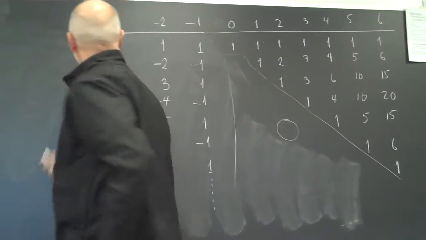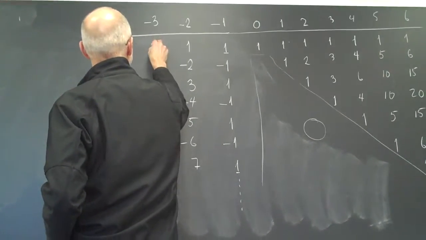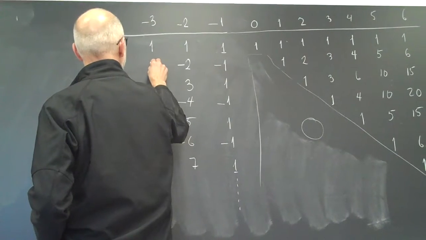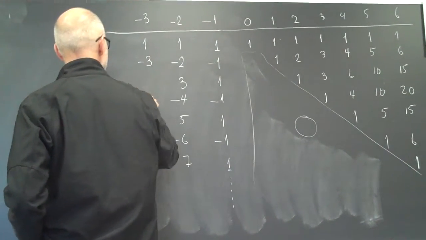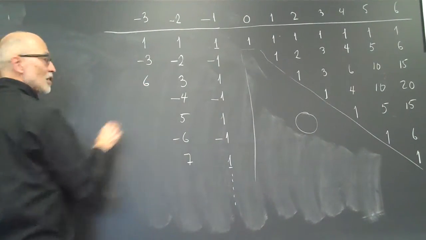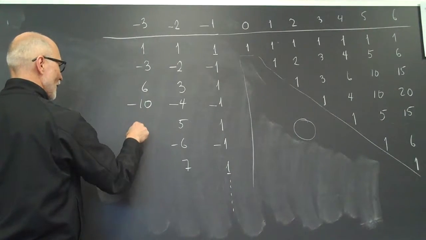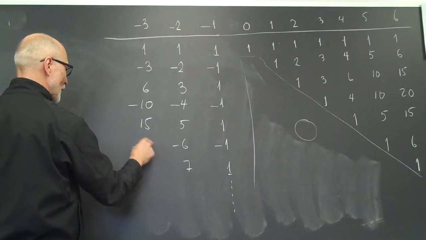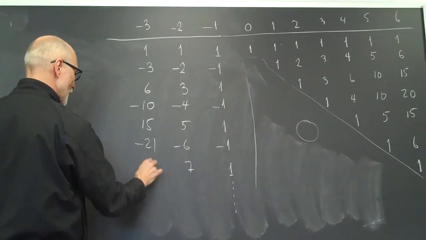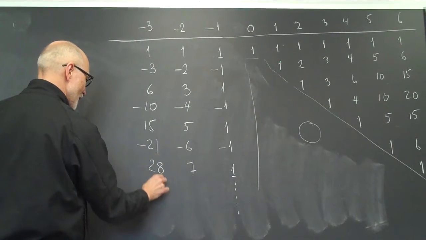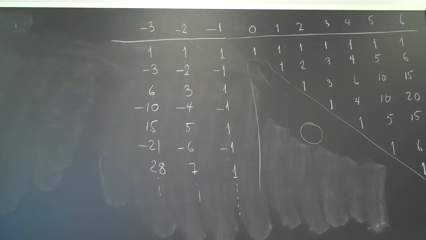And then it starts to get interesting over here. I have a minus 3 here, but then I need a 6 here. And then this would be a minus 10. This has to be a 15. This would be a minus 21. This must be a 28. And these go on down like this.